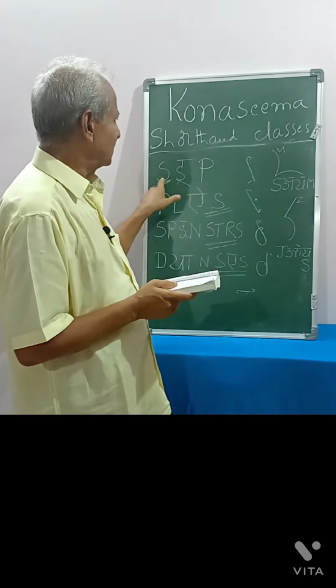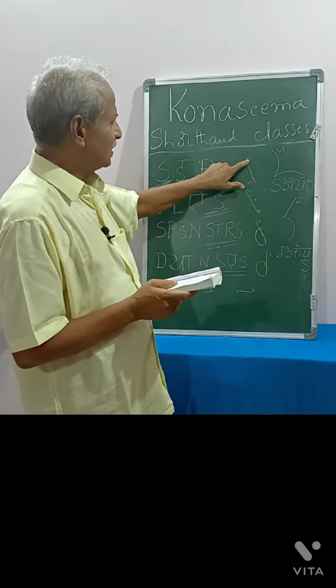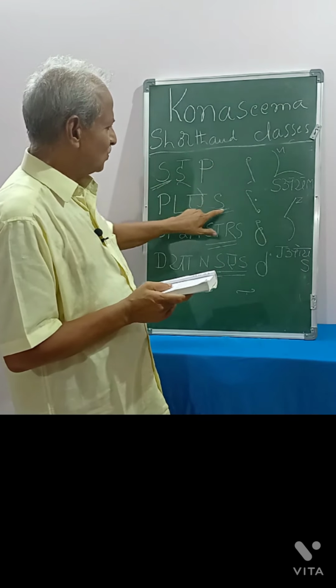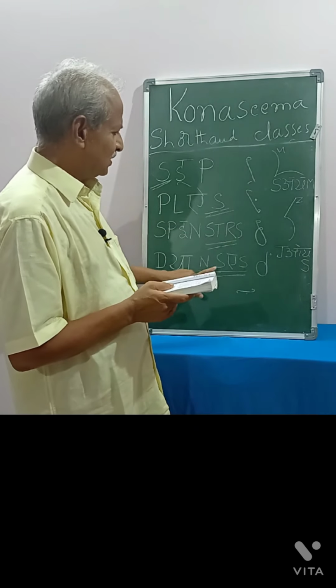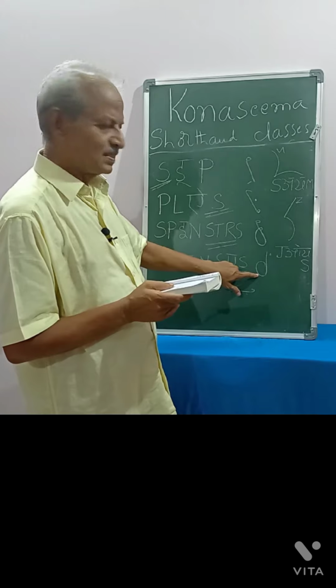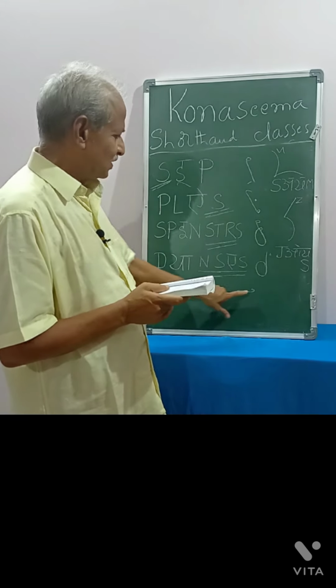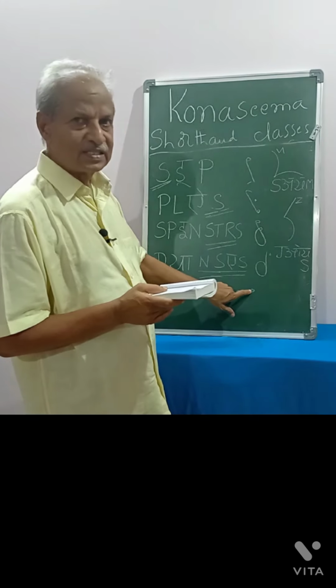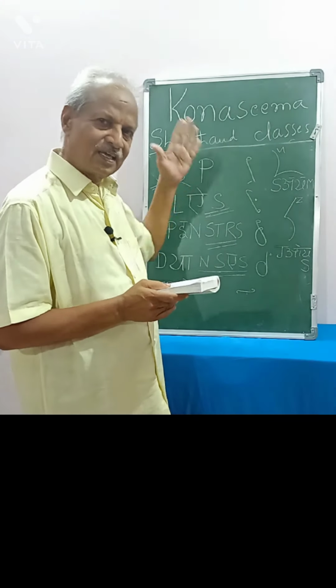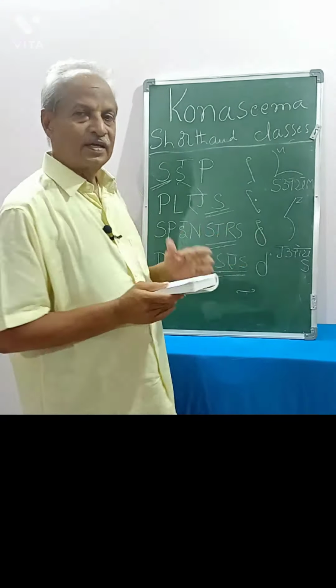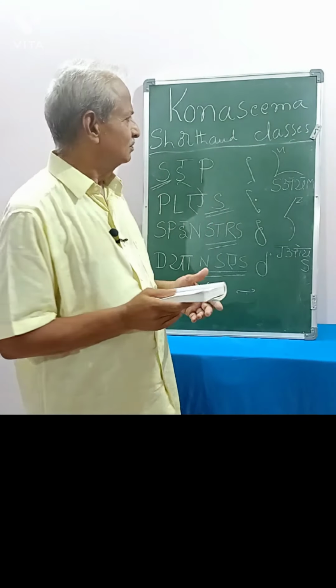You see, here we have written circle, here circle, here steel loop, here N circle, here V circles. This is the rule. Already this rule has been told, reiterated now.